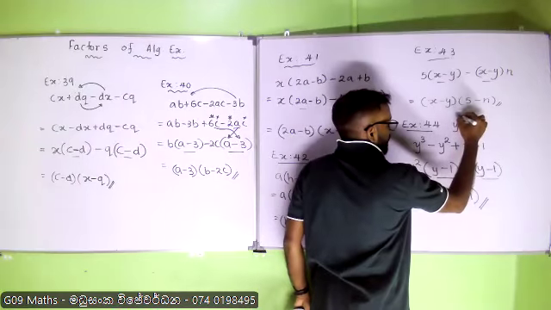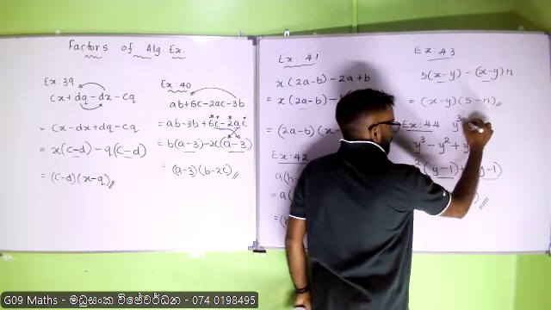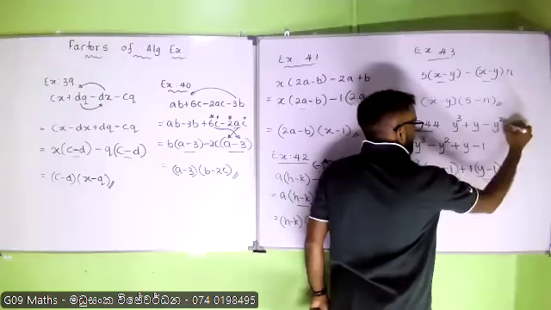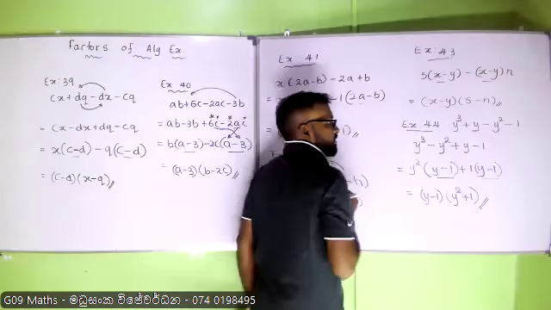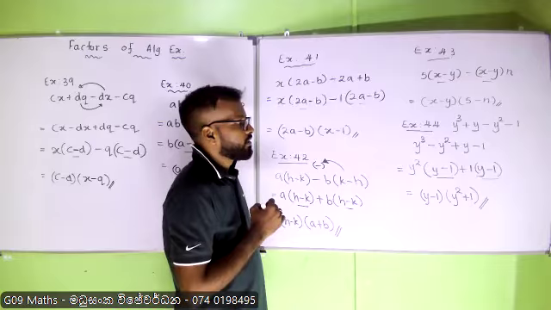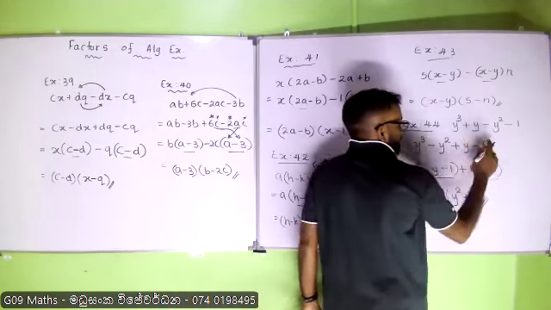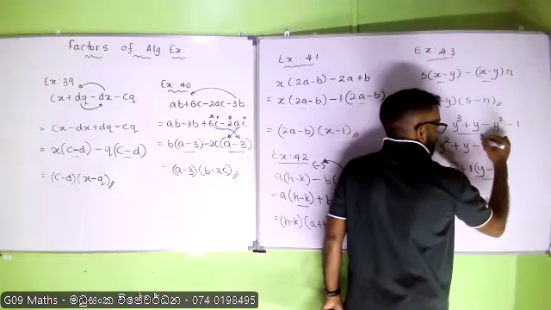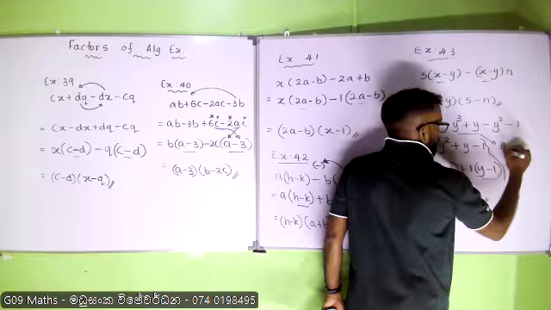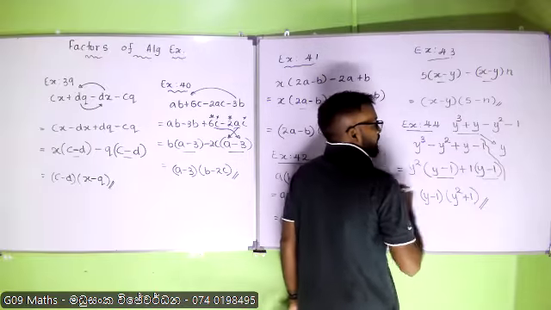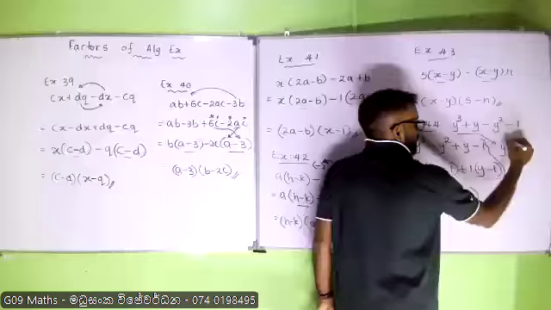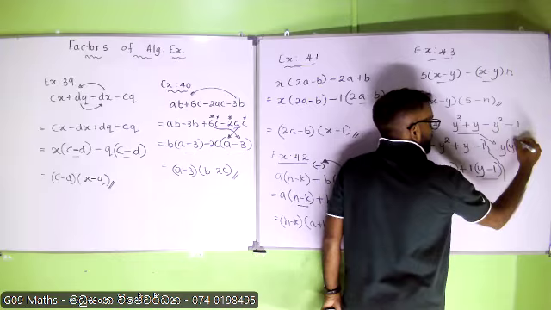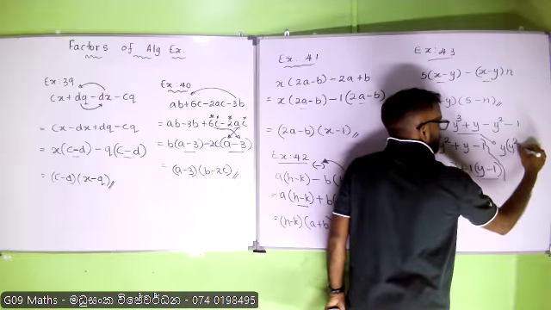Yes, you can do that. By considering these two, you can take y out, because the minimum power is y to the power 1. So inside the brackets, you will have y to the power 2 plus 1.